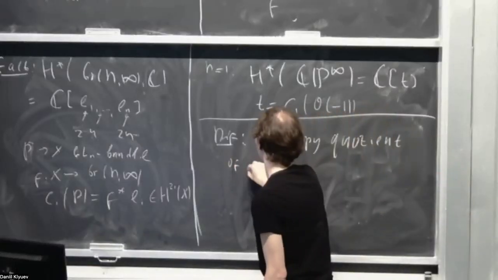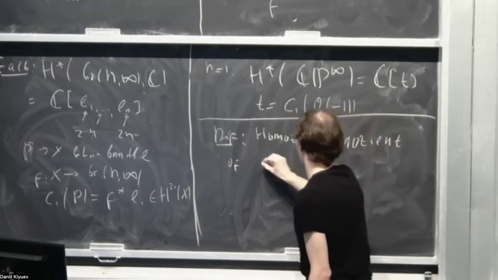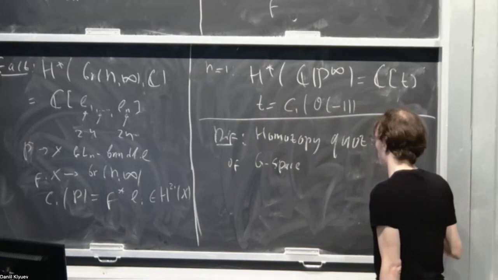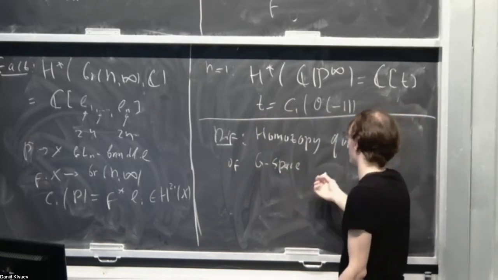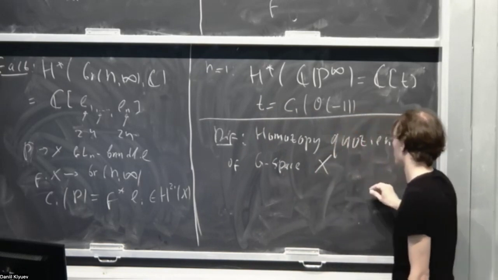So now a G-space is a nice topological space with a continuous action of G. So of a G-space X.